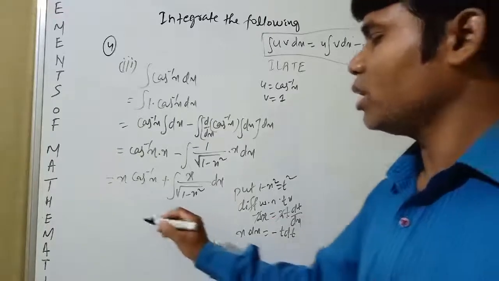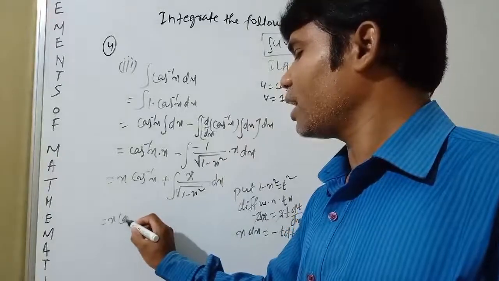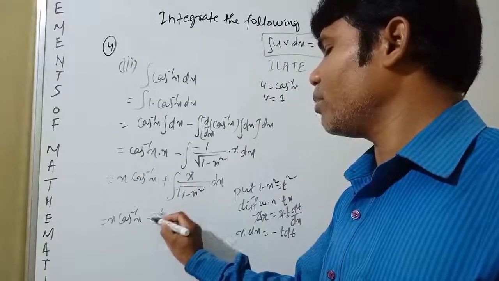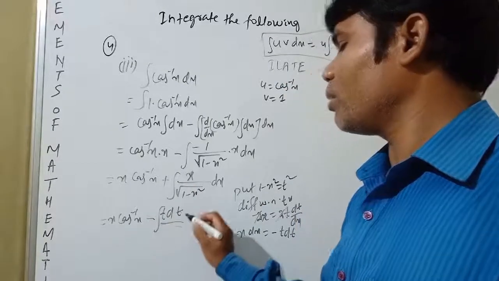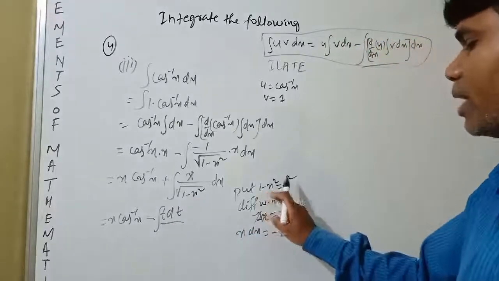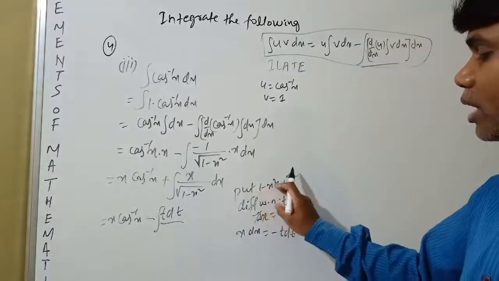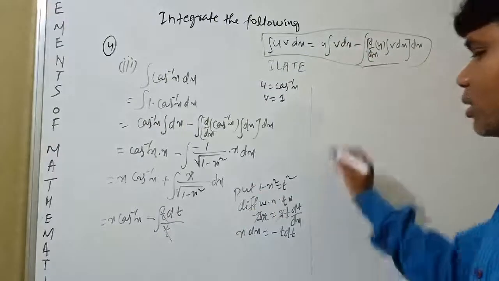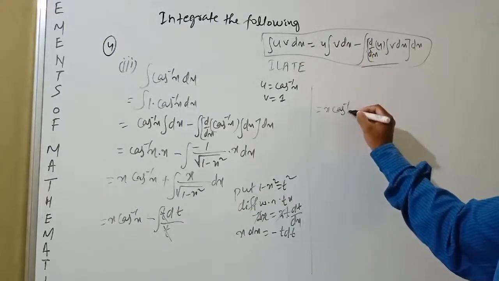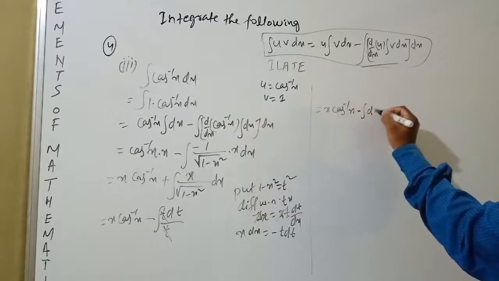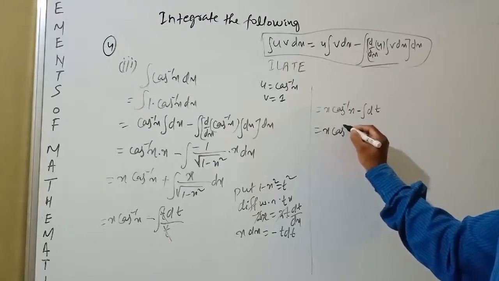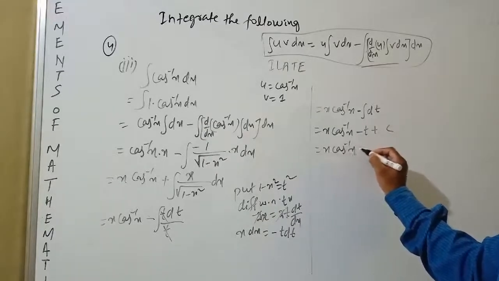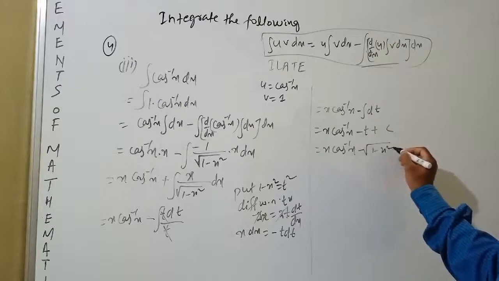So here you get x cos inverse x plus minus t dt by root over 1 minus x square. Since 1 minus x square is equal to t square, root over 1 minus x square is root over t square, that is t. The t will cancel out, so it is x cos inverse x minus the integration of dt, which is x cos inverse x minus t plus c, that is x cos inverse x minus root over 1 minus x square plus c.